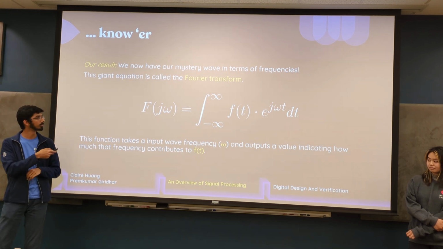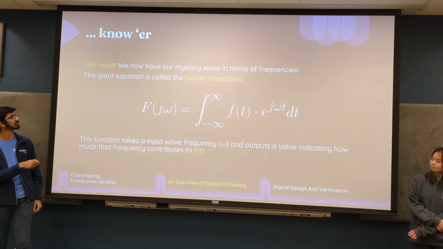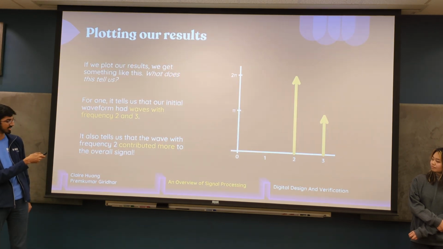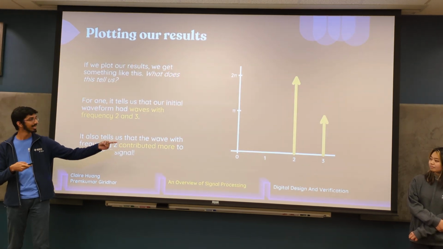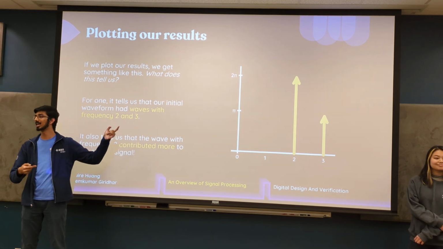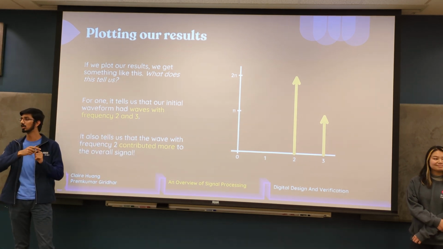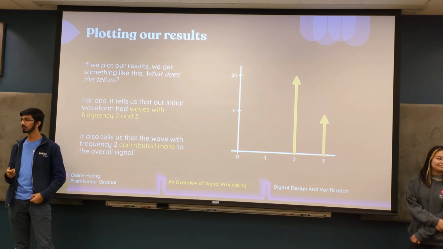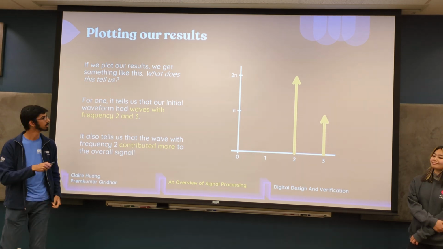So the plot that we get as a result is telling us that if I go back to this, it's telling us that at a particular frequency, 2 or 3, this is how much that frequency contributes to the signal f of t. Does that make sense? That makes sense.